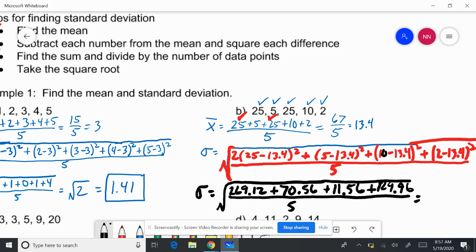I'm going to divide it by 5. And I get the square root of 96.24. And then when I take the square root of 96.24, what I get is 9.81. And that right there is my answer.